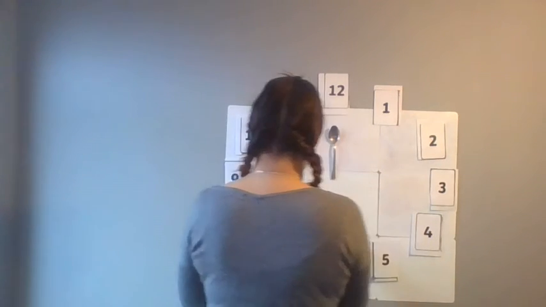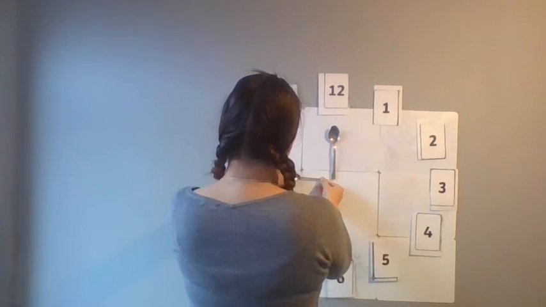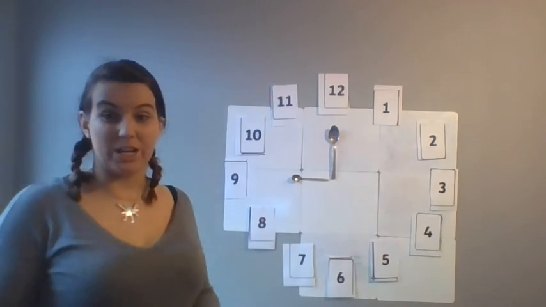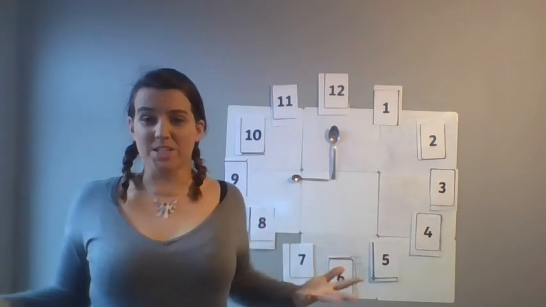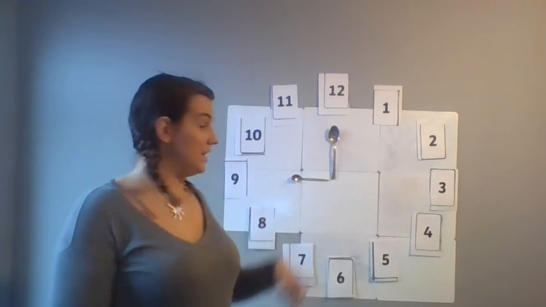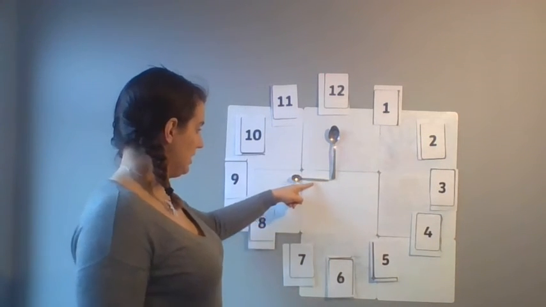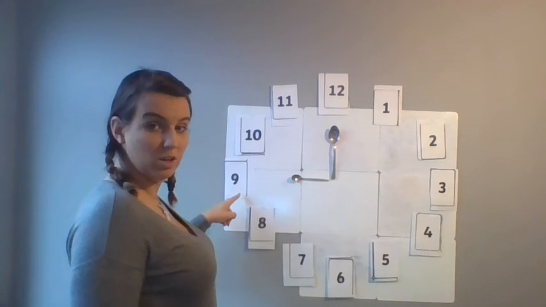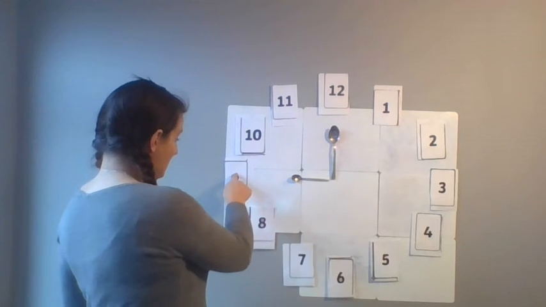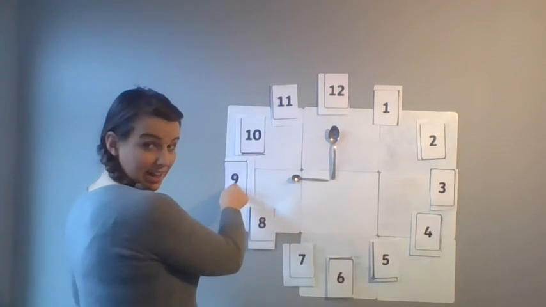Let's have a go. What about now? What time does the clock tell me? The little hand is pointing to 9. Make a loop and then a line.